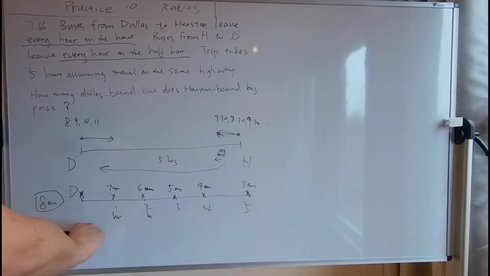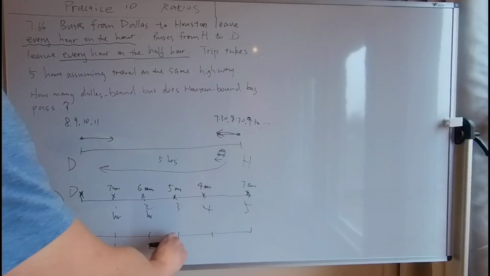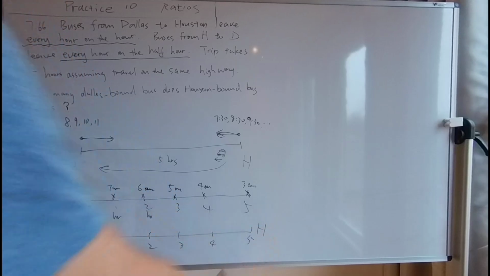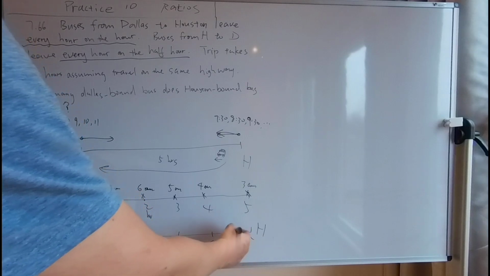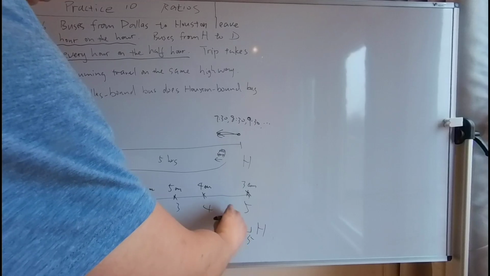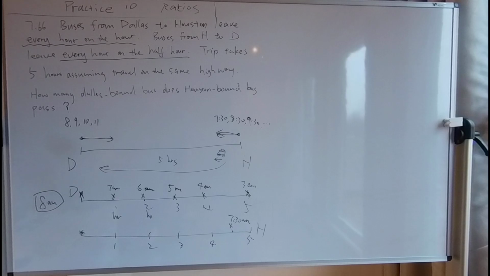Similarly, the Houston bus departs every half hour, every hour on the half hour. Right, so then the Houston buses would be at 8 a.m. Your 7:30 bus has just departed half hour, so it's a half hour away from Houston, right?